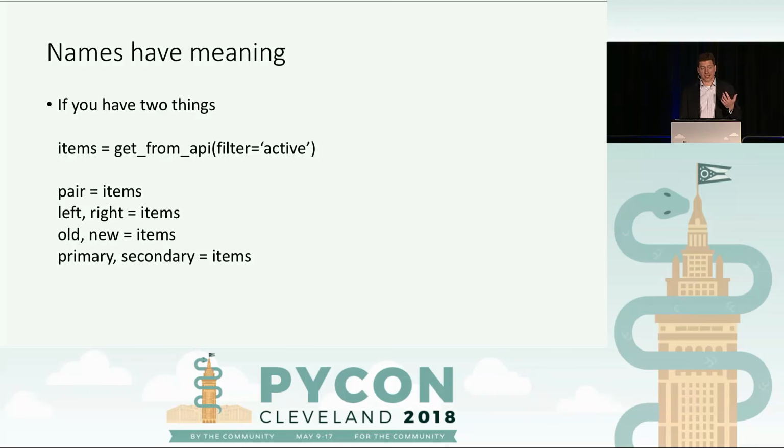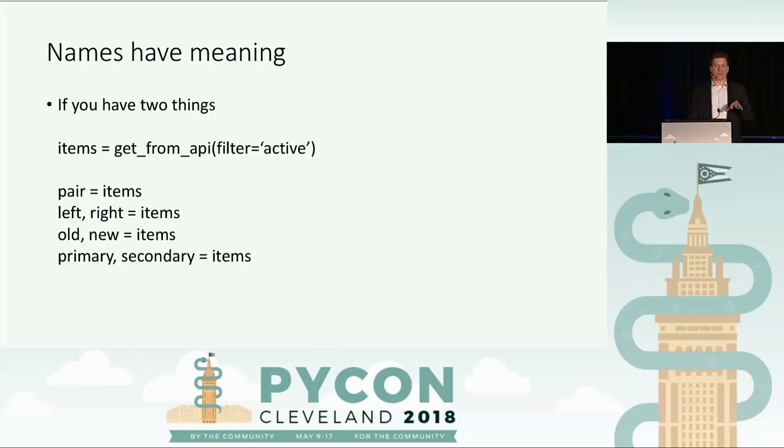Left and right. So this is even better because this will blow up if there's not 2 things. So now you've told the reader that there's 2 things, and it doesn't even matter if they don't believe you because they believe the computer. And left and right is a good generic thing. So maybe the left one and the right one don't actually have any meaning, it's just 2 things.